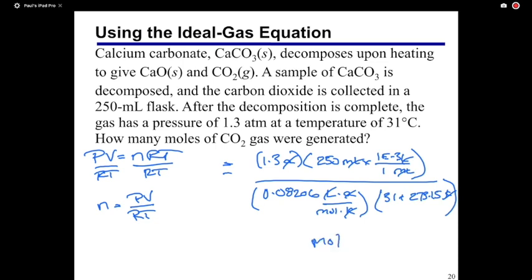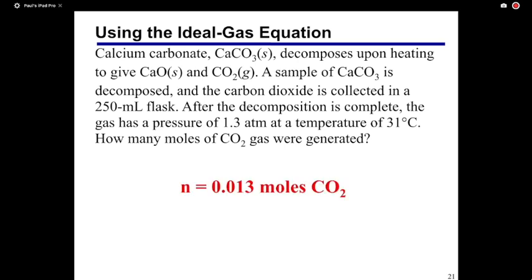All right. If you do that calculation and set it up this way, you should get an answer of 0.013 moles of carbon dioxide. Okay? Now, here's the deal when I did this.